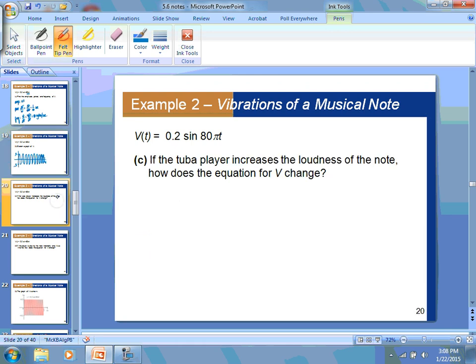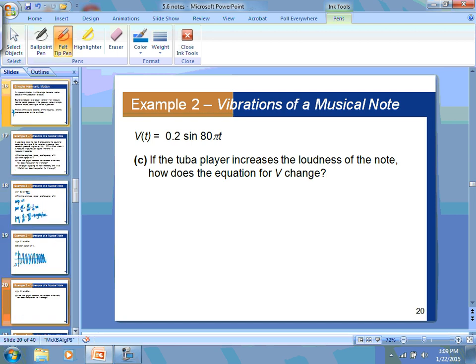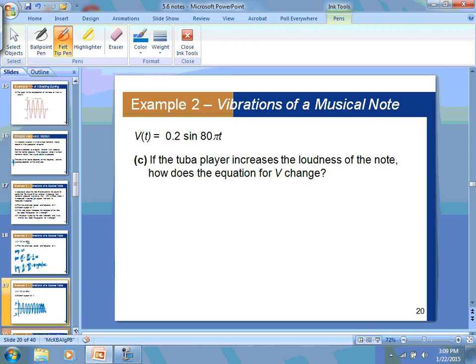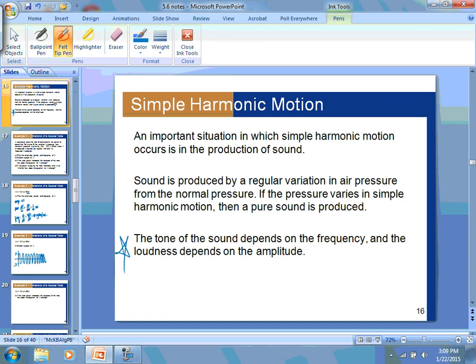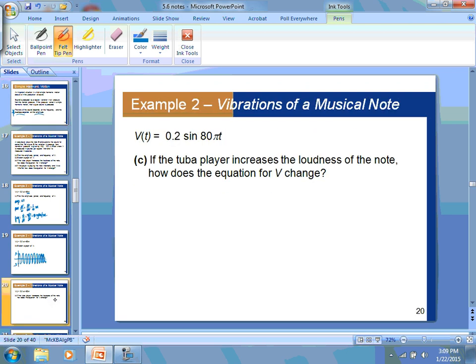Okay, now for those application problems. If the tuba player increases the loudness, I'm going to go back up here for just a moment. If the tuba player increases the loudness, how is that going to affect our graph and our equation? How does the equation for V change?